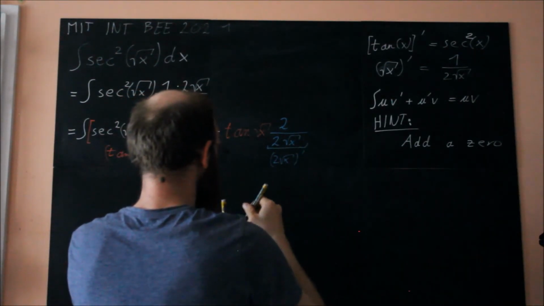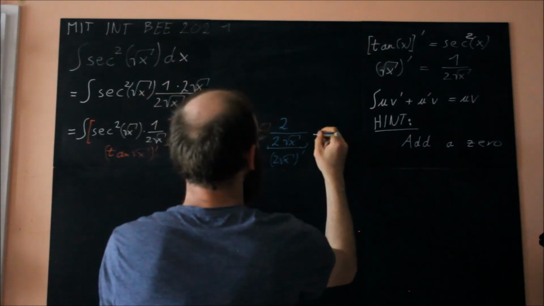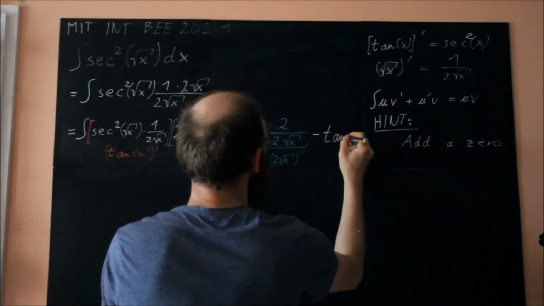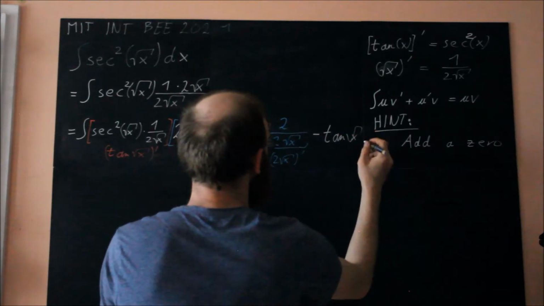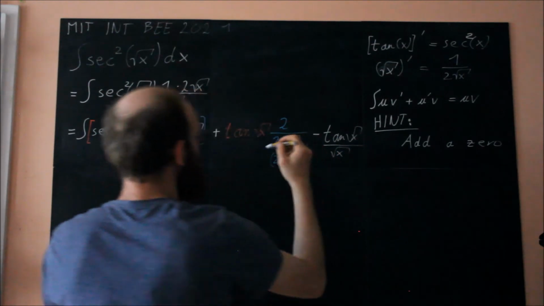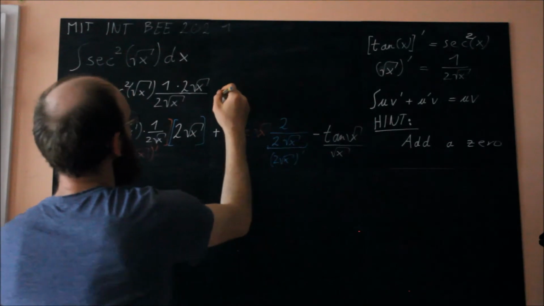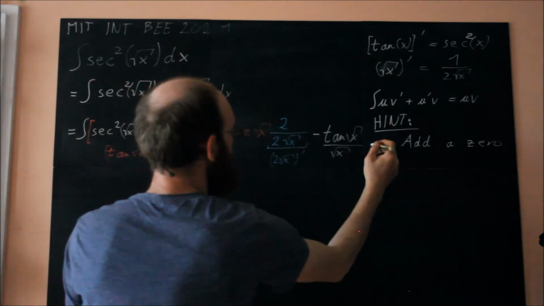So minus tangent square root x over square root x, so I cancelled the 2, okay? And of course dx.